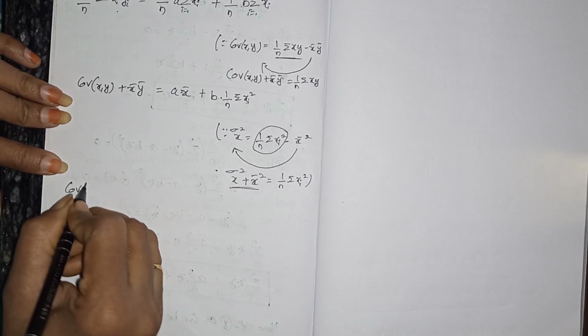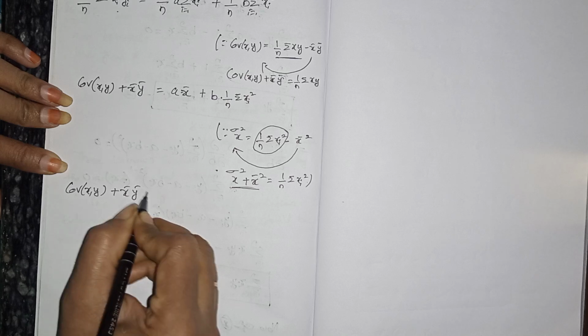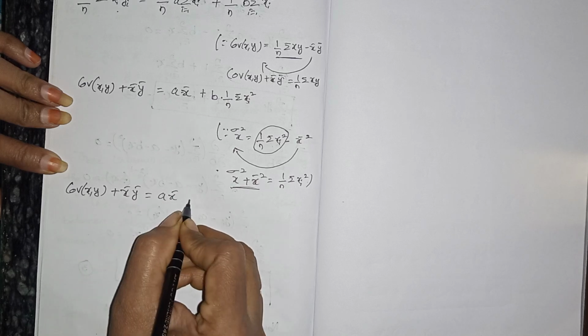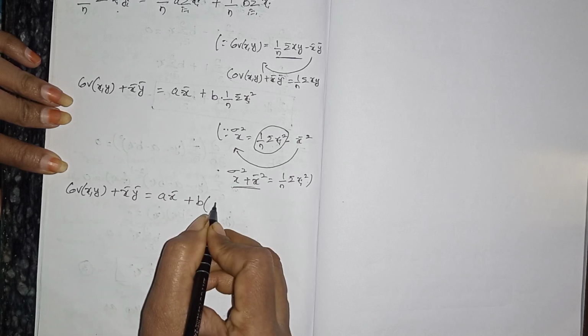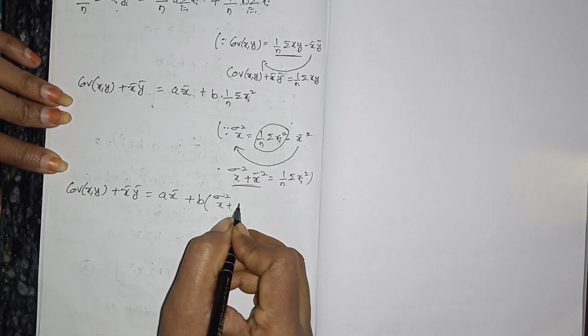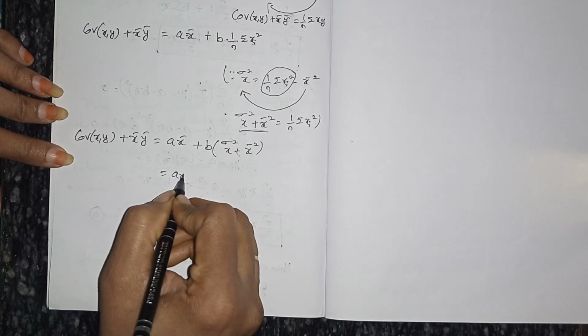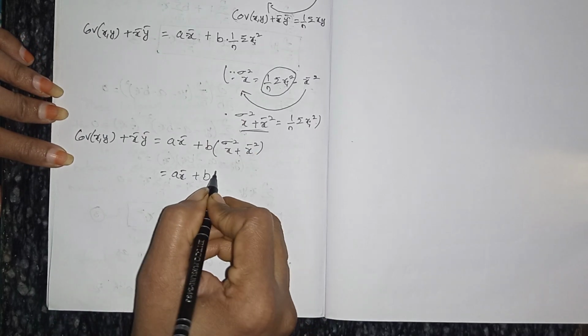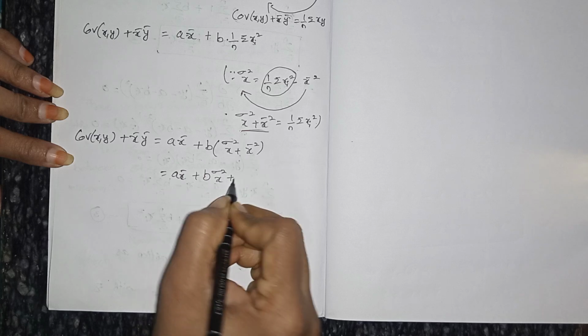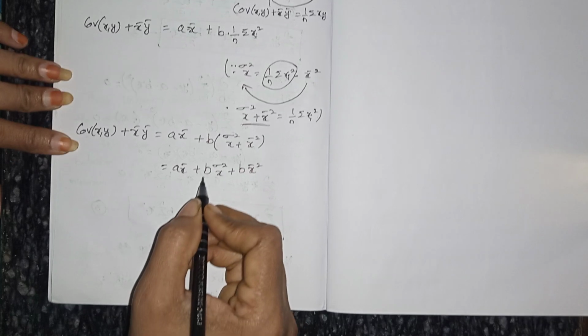So covariance of x comma y plus x bar y bar equals a x bar plus b into variance of x plus x bar square. So a x bar plus b sigma square x plus b x bar square, b I have multiplied.